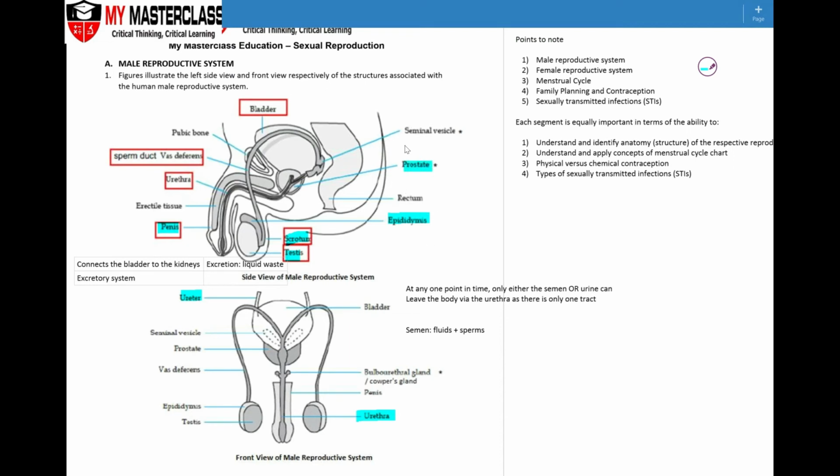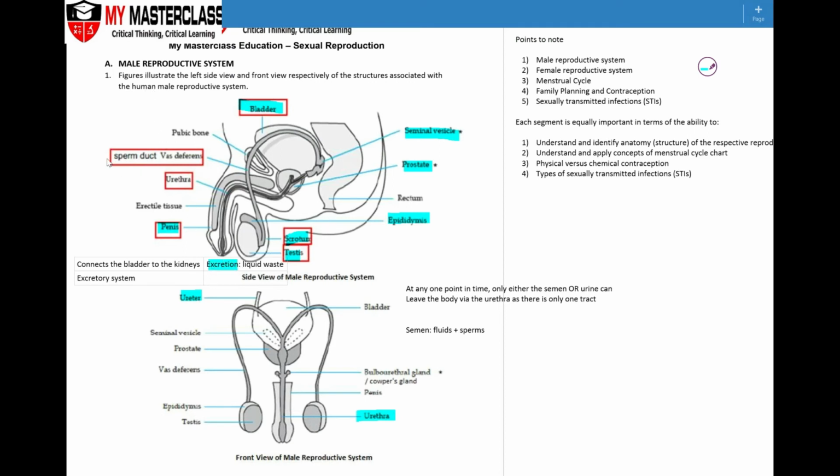The prostate gland and the seminal vesicles provide the nutrition for the sperm cells to move, leaving them to become semen itself. The bladder, we all know, controls the amount of urine, temporarily storing it before it is removed via excretion.